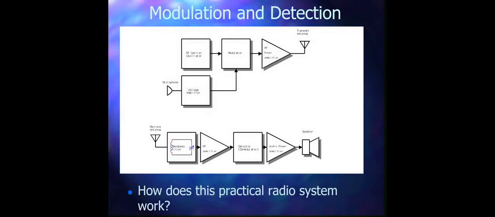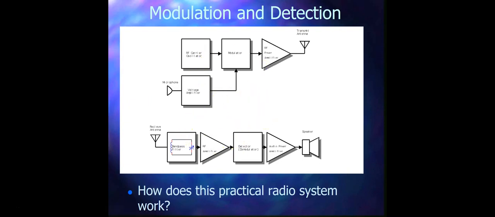Now let's understand modulation and detection using the block diagram presented on this slide. Our practical radio system consists of components like those shown here.